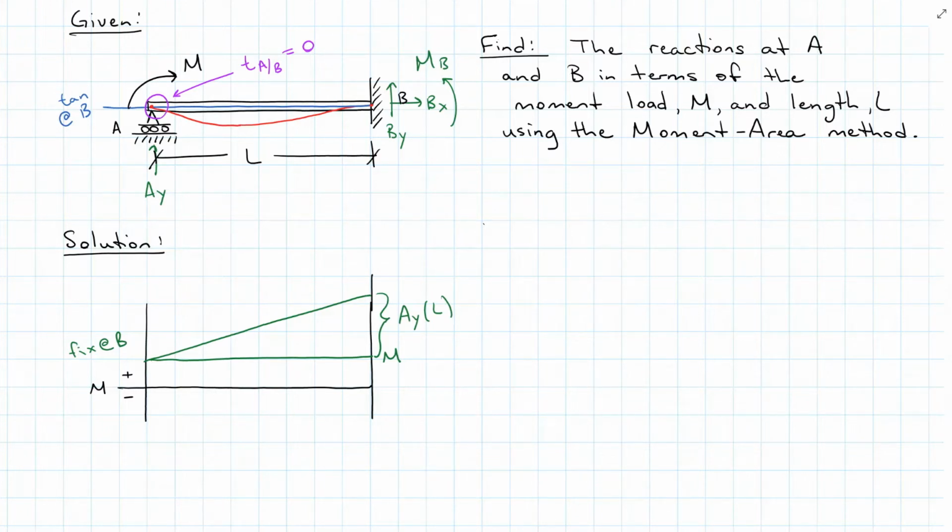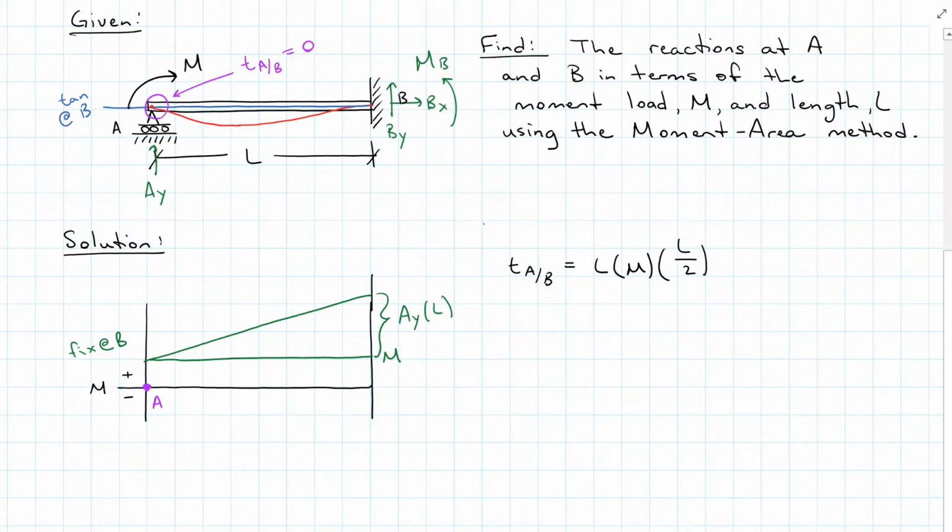solve for my reactions. Theorem 2 is taking the moment diagram and summing the moments about a point. So because I am looking at point A on my elastic curve, that is the place that I want to sum the moments about. So starting with the moment diagram, I'm going to have base of length, height of M, and the distance to its centroid from A, length divided by 2.